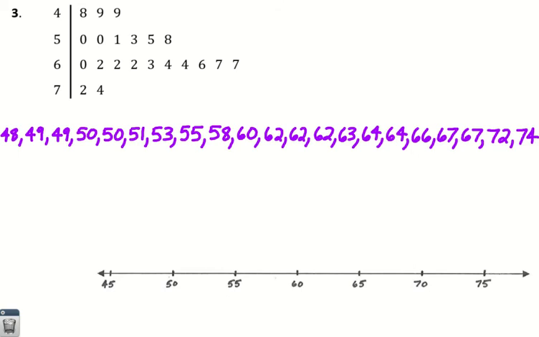Example number 3. It's a stem and leaf plot. We covered this earlier in the video. With a stem and leaf plot, you don't have to actually write out all of these numbers, but I did, and it might help you, at least for this example, as we learn it.